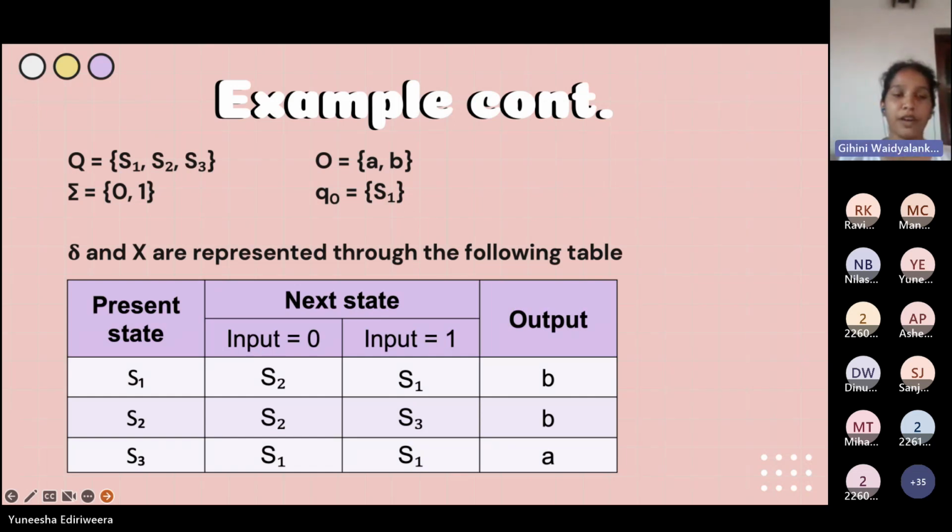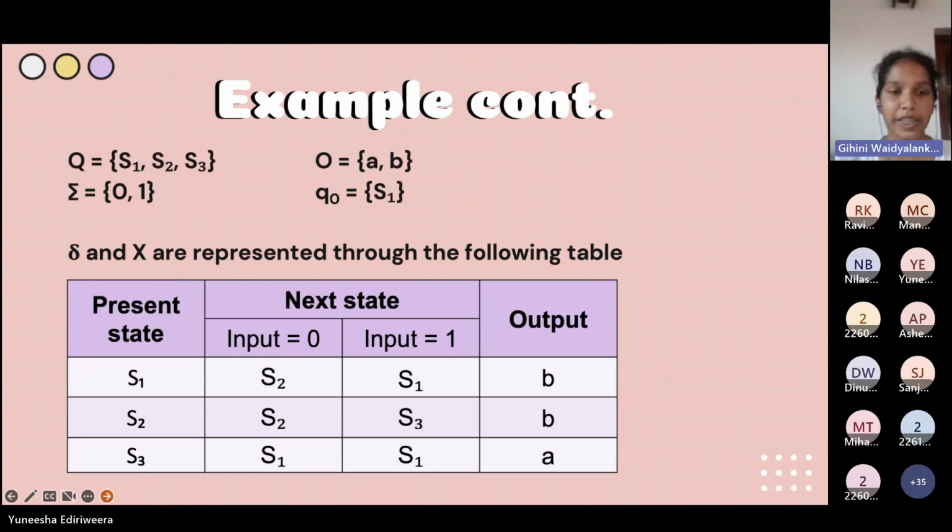So now we'll see the elements of this Moore machine. We have the states as S1, S2, and S3, and we have the inputs as 0 and 1, and we have the outputs as A and B, and then we have the starting state as S1.